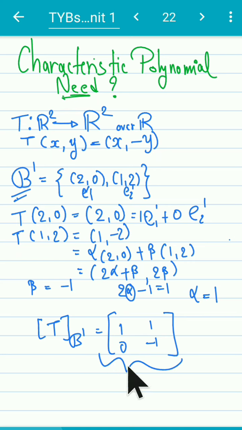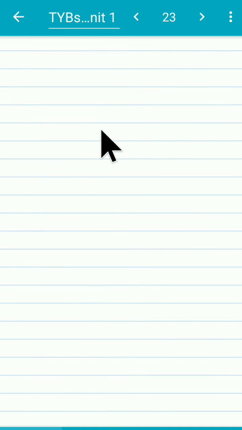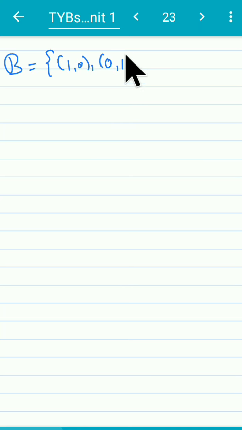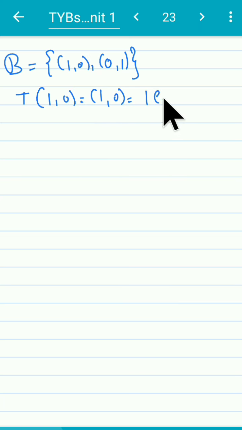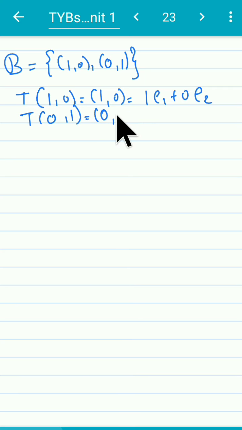Now let me consider the standard basis B, which is (1, 0) and (0, 1). With respect to this basis, it is trivial. (1, 0) gets mapped to (1, 0), which is 1 times E1 plus 0 times E2. T of (0, 1) gets mapped to (0, -1), which is 0 times E1 plus -1 times E2.